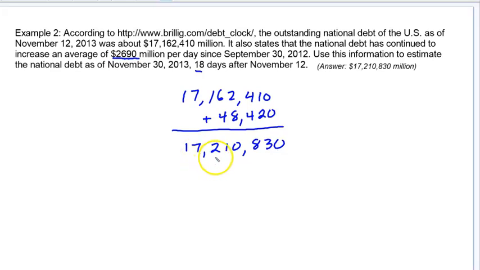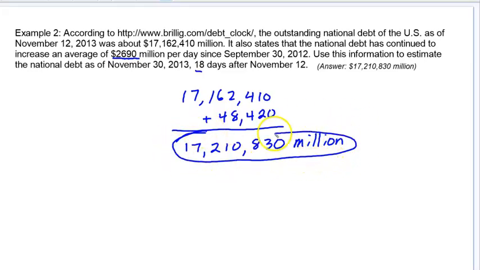Sorry, 17 trillion, 210 billion, 830 million dollars. And so you can just state this in terms of million. All right, there's your answer for example number 2.